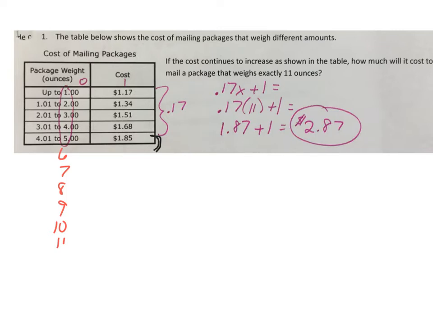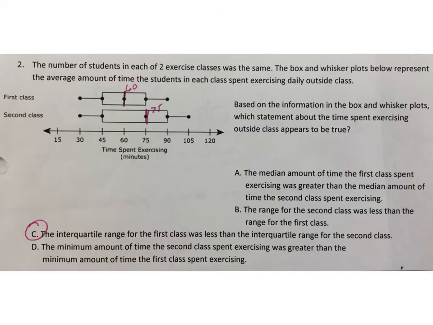So this by itself right here is $2.02 just for the next section. So there's no way it is $1.87. You're increasing by 17 cents each time until you get that 11. And what you end up with is $1.87 for the increase, plus the original dollar of 1 that you started with gets you $2.87.